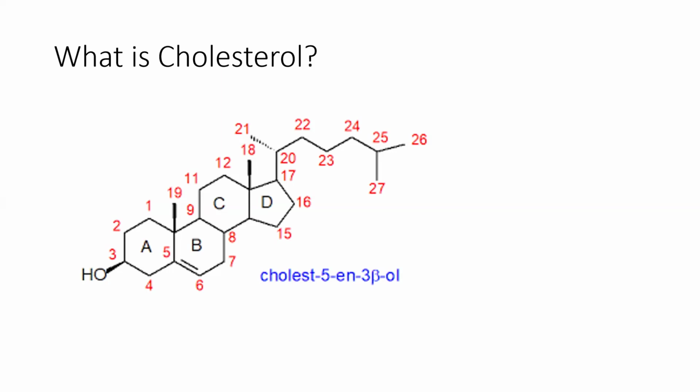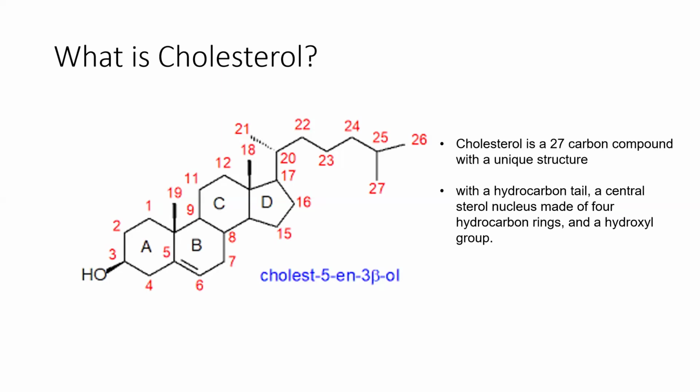So cholesterol, as you can see in the picture, is a 27 carbon compound which has a unique structure. You can see it has got 27 carbons, right? And a hydroxyl group attached to it as well. So it has a hydrocarbon tail and a central sterol nucleus. It is basically a steroid lipid.